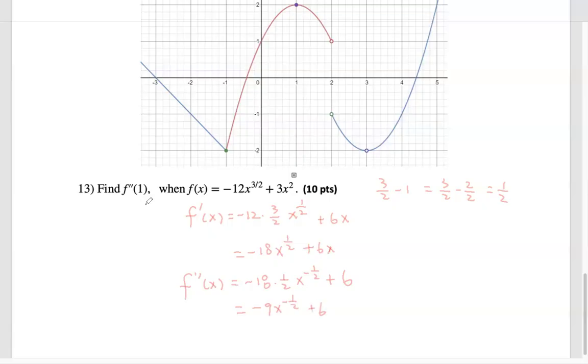We need the value at x equals 1, so plug in 1 for x. That's negative 9 times 1 raised to negative half. Well, 1 raised to any number is still 1, so 1 times negative 9 is still negative 9. Plus 6, so negative 3. So this equals negative 3.